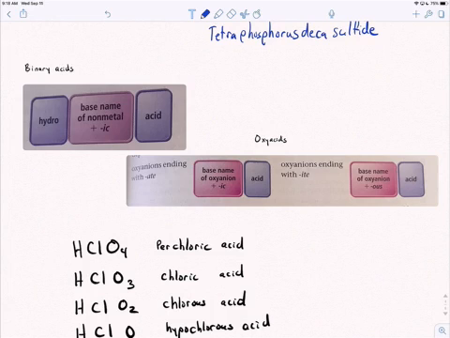So you can see the number of oxygens is not consistent. So nitrate is NO3, nitrite is NO2. So HNO3 is the ate nitrate. This is nitric acid. And nitrite, NO2, so HNO2 is nitrous acid.